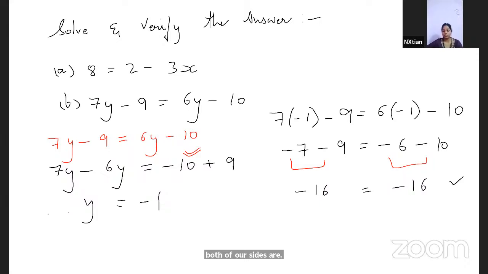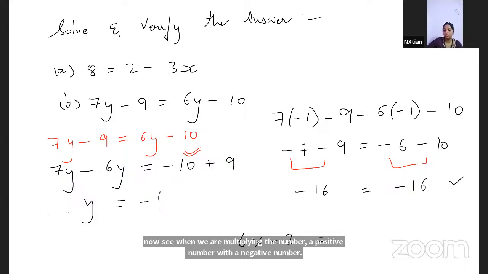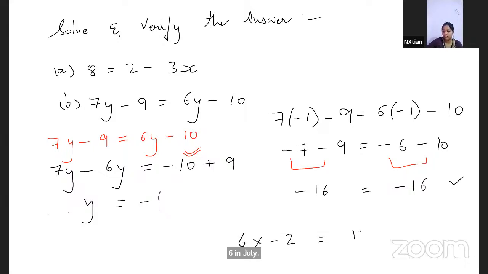Now see, when we are multiplying a positive number with a negative number, 6 into minus 2, the answer will be negative, minus 12. That's how it gets.